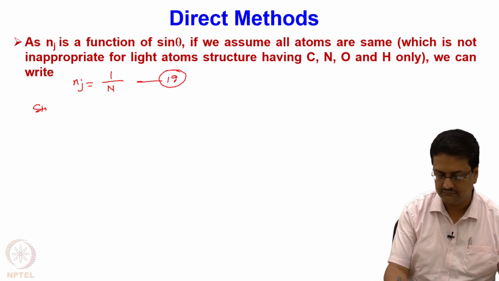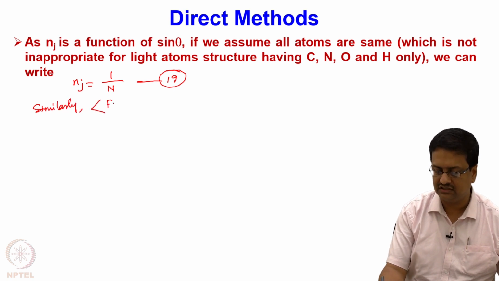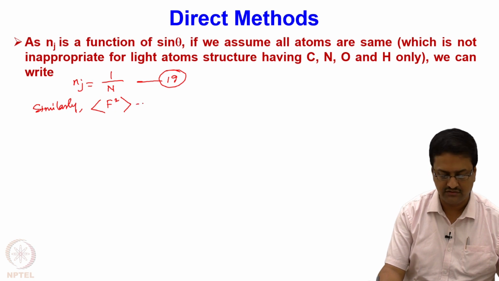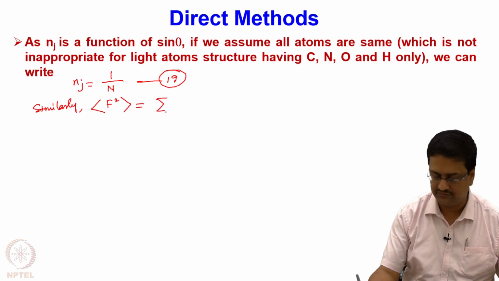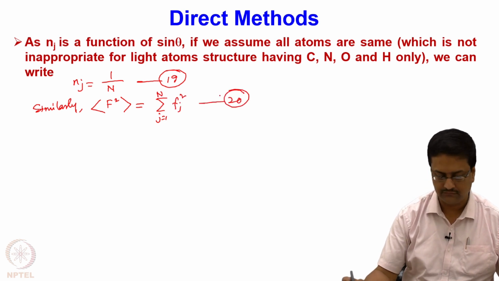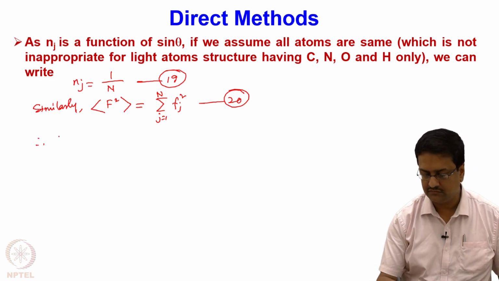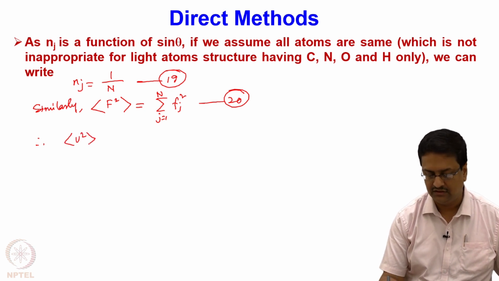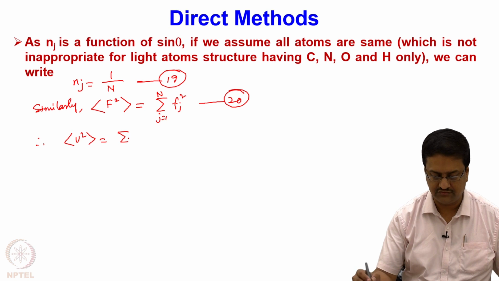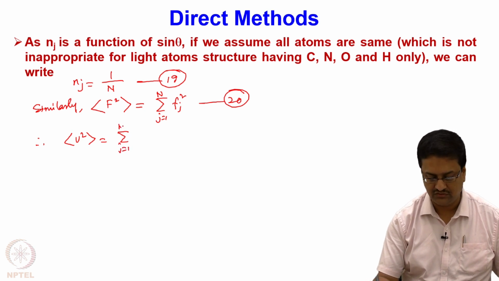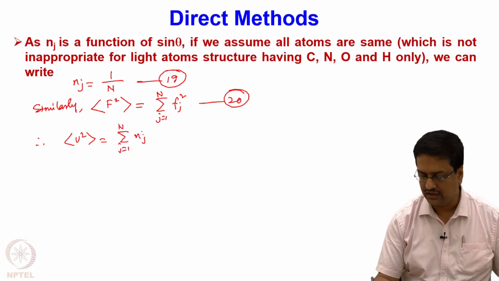Similarly, the expectation value of f square is equal to sum over j equal to 1 to n Fj square. So, the expectation value of u square is given as sum over j equal to 1 to n Nj square.